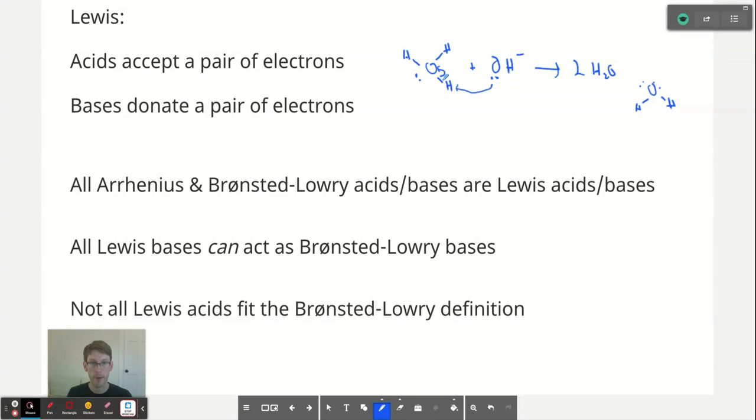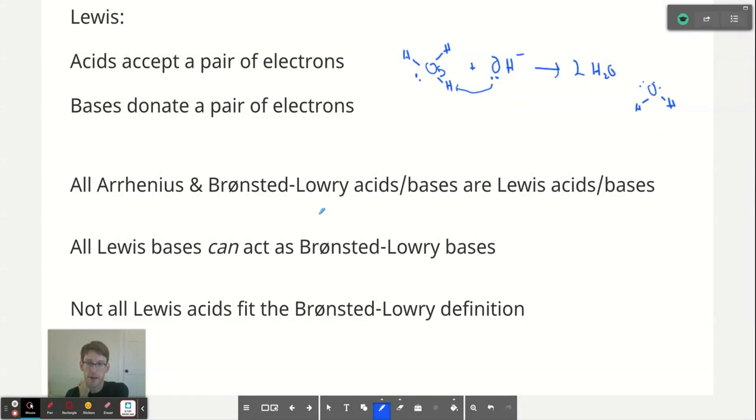It gets it from those bonding electrons, and the O is bonding to the H. So everything ends up evening out here. But we have the acid being the acceptor of the electron pair. So our H3O plus is accepting electrons, and the donor of electrons is the OH minus.